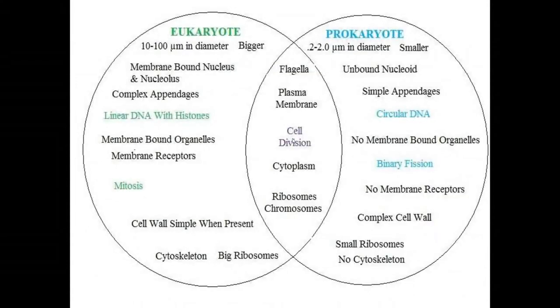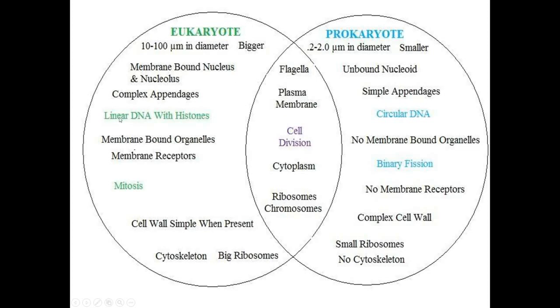This is just a Venn diagram I found online that kind of shows you some similarities and differences. So here in the middle, we see that all of the cells have a plasma membrane. They all have cytoplasm. All the cells go through a process of dividing. Now notice DNA is not on here. And that's because when we compare the DNA in a eukaryote to the DNA in a prokaryote, it's a little bit different.